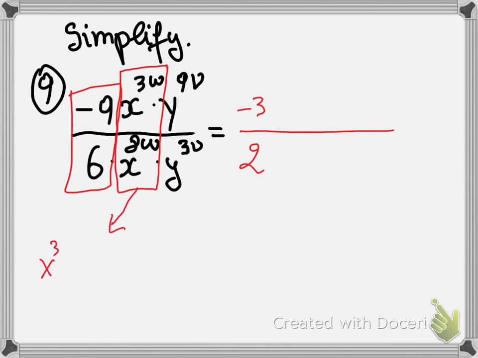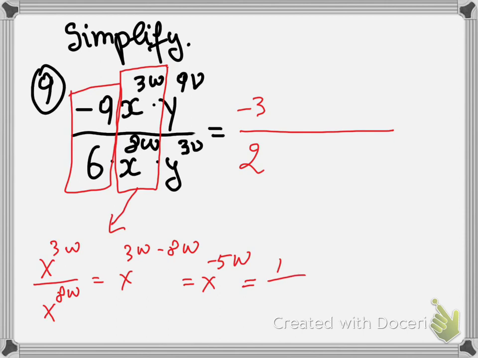X to the 3w over x to the 8w equals x to the 3w minus 8w, which is x to the negative 5w, which is 1 over x to the 5w. So 1 on the top and x to the 5w.